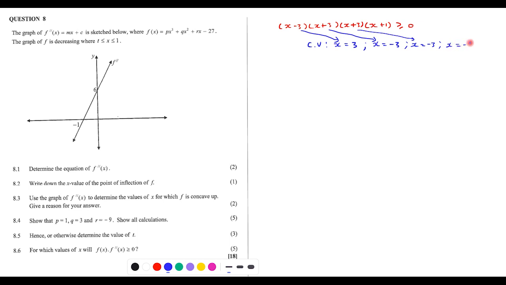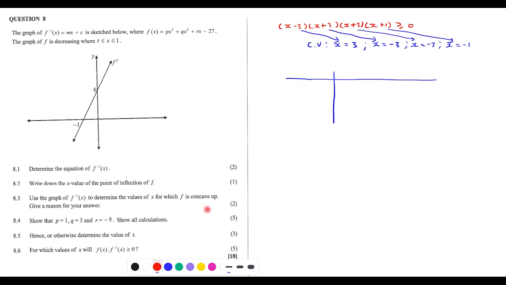Alright, now what I'm going to do is take these critical values that we just got, and draw a table. So a table will be like this. Sorry, let me just draw that. Now at the left of this table, we're going to list all these factors.